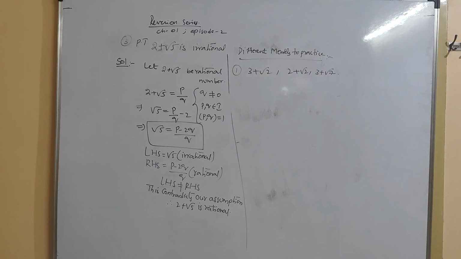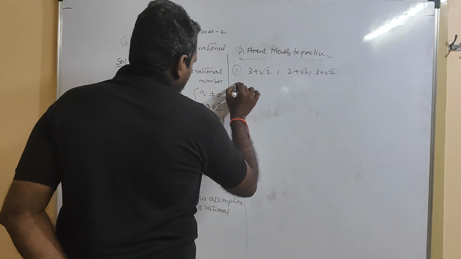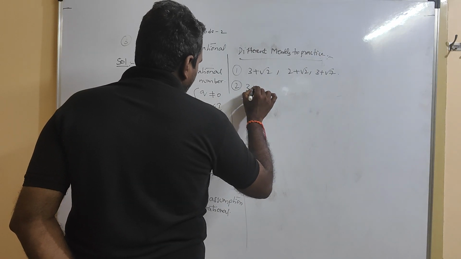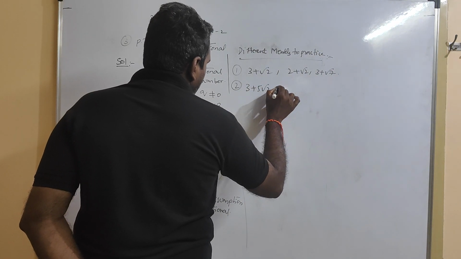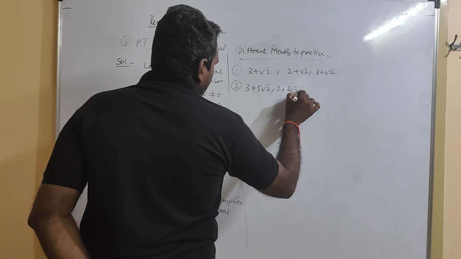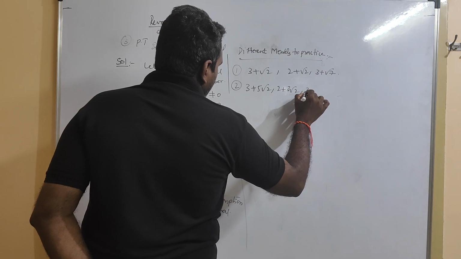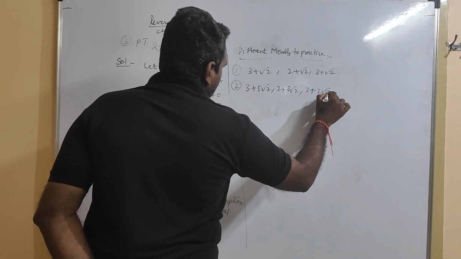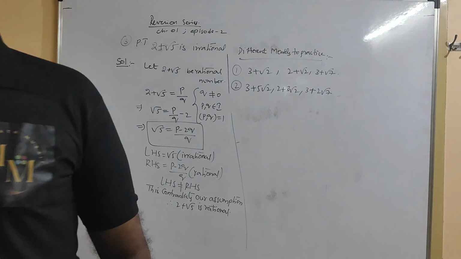And second, a little different thing I want to give: 3 plus 5 root 2, 2 plus 3 root 2, 3 plus 2 root 7. This is a little different model.